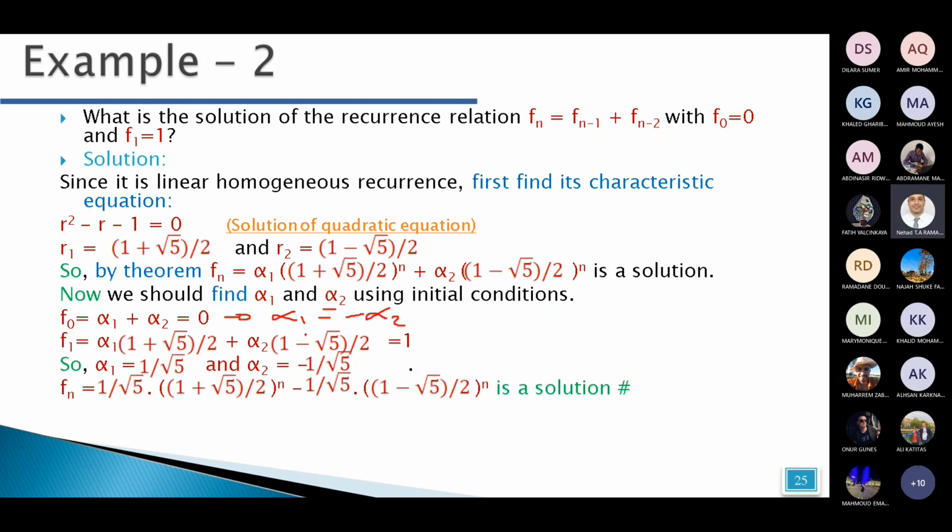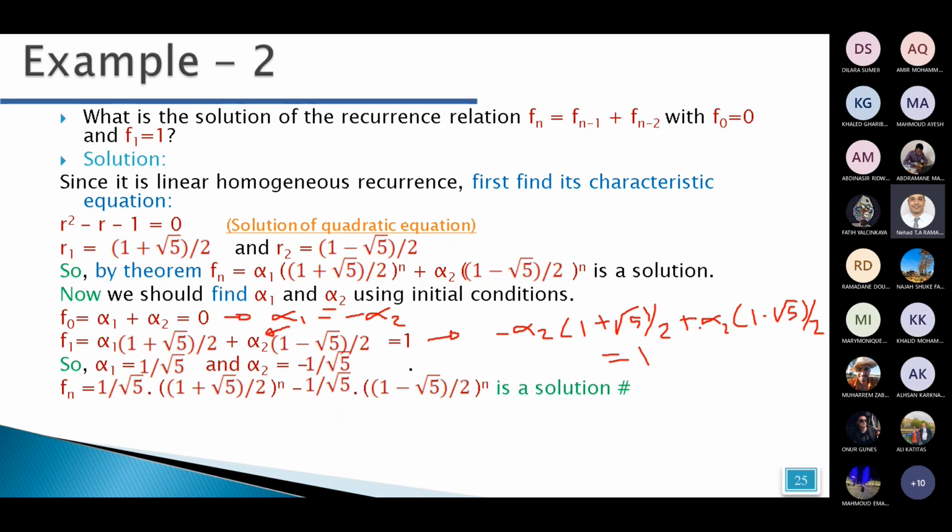So in this equation, instead of alpha 1, put minus alpha 2. So this one becomes like this: minus alpha 2 times (1 plus root 5) all divided by 2, plus alpha 2 times (1 minus root 5) all divided by 2 equals 1.